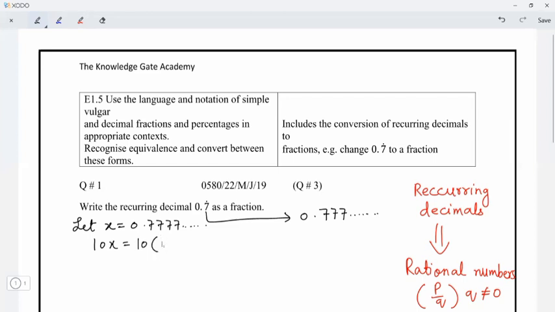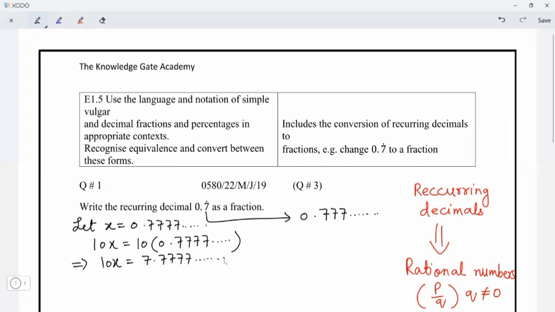It will give you 10x equals 10 times 0.7777, and so on. Next, we have to look at what is actually happening. 10x equals 7.777, and I have written the 7 four times in the decimal part.